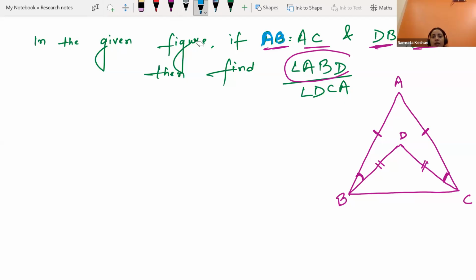And this DB again I'm writing in sky color, so that maybe we will get a sky colored triangle. And angle ABD is also on this side only, so I'm highlighting it with sky color. Now are you getting any idea, Irshad, which two triangles can be taken?